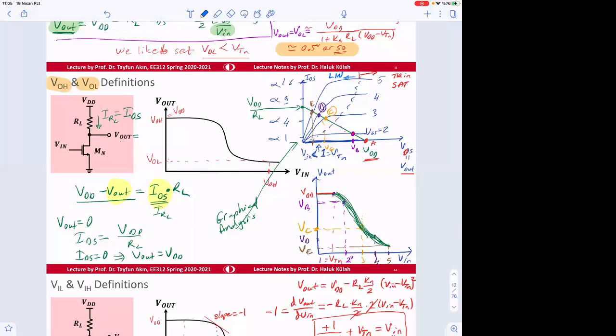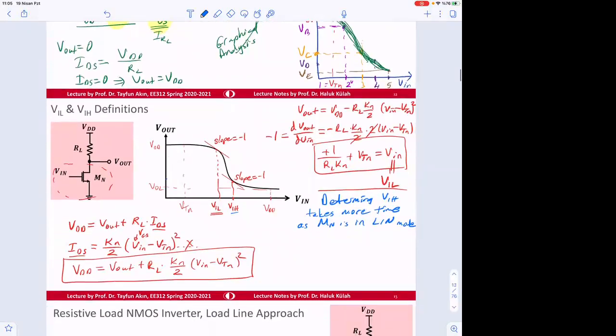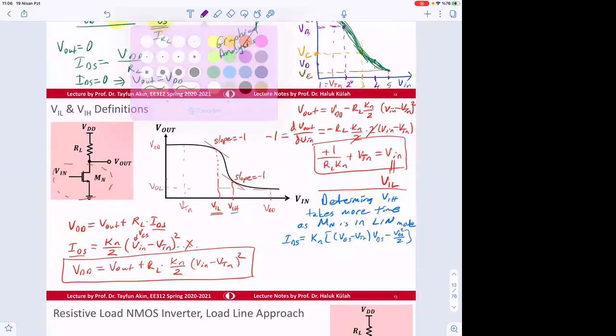So in linear, the equation is IDS equal to Kn times (V gate to source minus V threshold of N) times V drain to source, minus V drain to source squared, divided by 2. Notice that this one is V in and this one is V out. So the equation becomes a little bit more complicated.